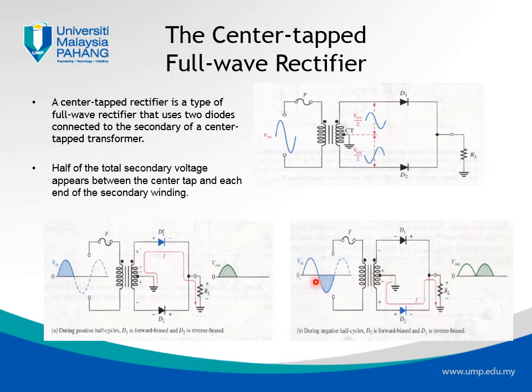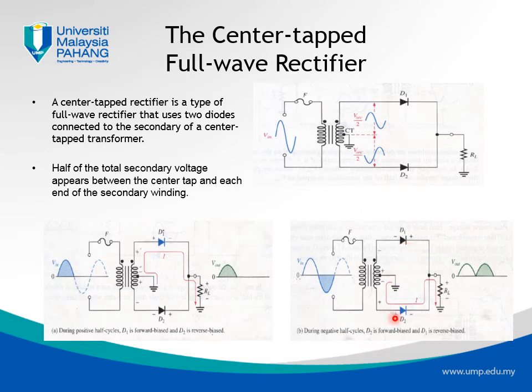As we go into the second half of the waveform on the negative side, the current now circulates in the opposite direction. So in the transformer as well, it will circulate in this direction. If we only had D1, the current could not circulate, right? Because D1 would be in reverse bias.